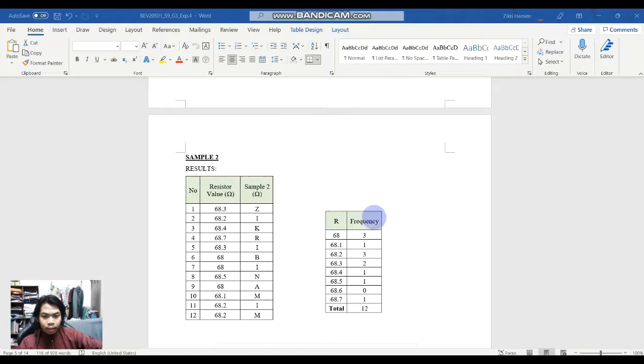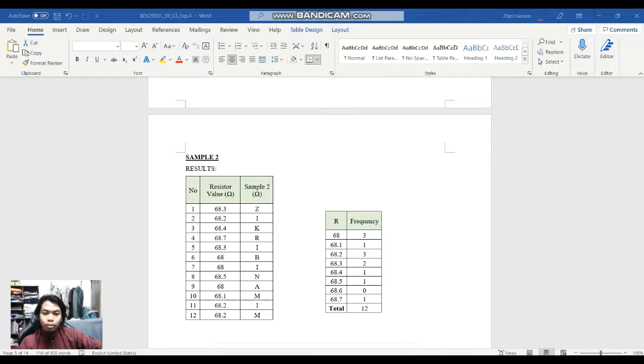So next on the right side we have the frequency tables. So the frequency will according to their own respective classes. So the total of the frequency here is 12, which means that the alphabet used in the sample is 12.